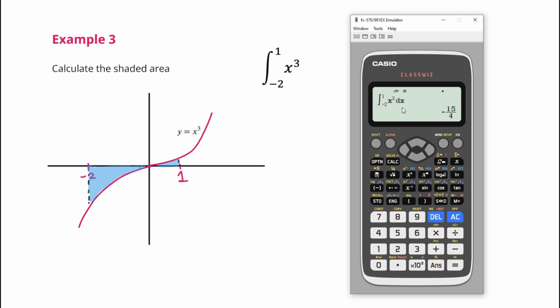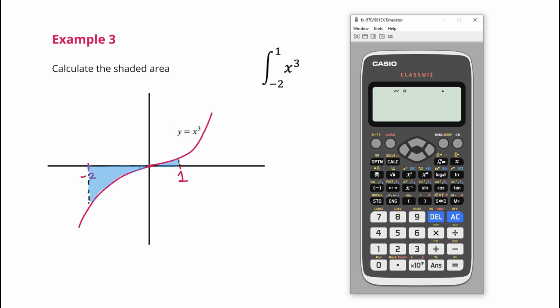You can see that when you integrated the function and applied the limits, you got a negative area, and area is never negative. So to do this correctly, we need to pay attention to its graph. Since the graph is crossing the x-axis, from -2 till 0, you'll get a negative area. And then from 0 till 1, your area will be positive.